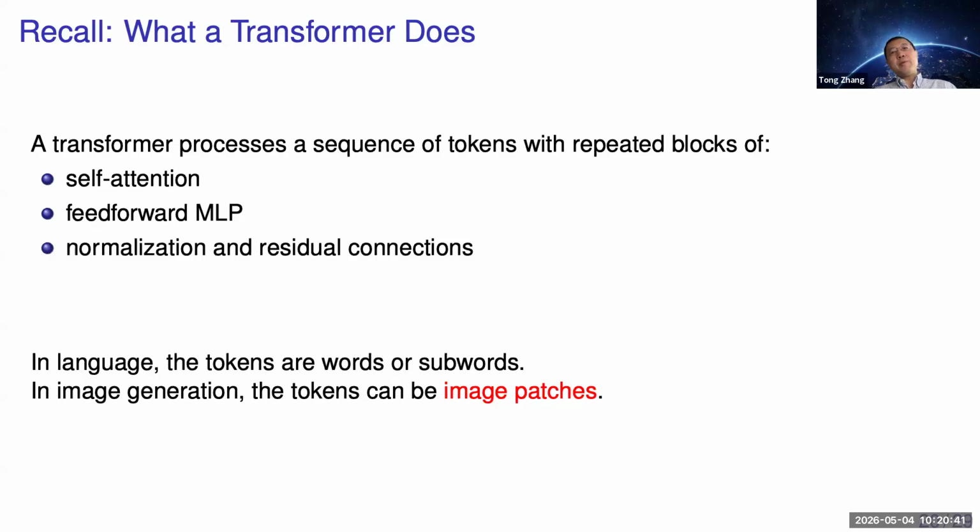If you do 2 by 2, that typically works with the more powerful DiT, but you can do larger patches, 8 by 8, and so on. This is the image patch, and it matches what you are doing with ViT.